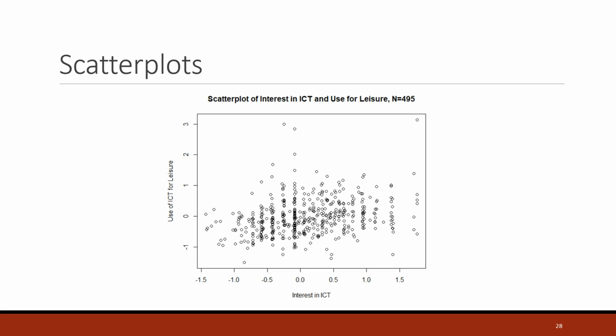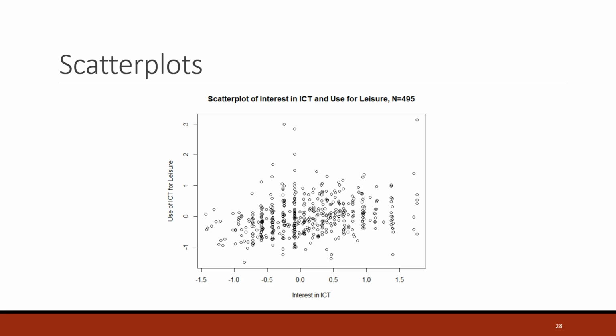So looking at the scatter plot, we might notice a couple of things. We do have a few points along the use of ICT for leisure axis, so the y-axis, that are hanging out near that 3, which we've also seen before. We did have some univariate outliers there. We can see them also separated from the main body of the scatter plot. Then looking at that main body, we see not a particularly strong relationship, but there does seem to be some relationship happening here.